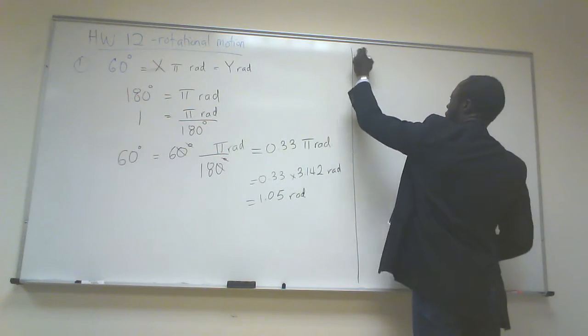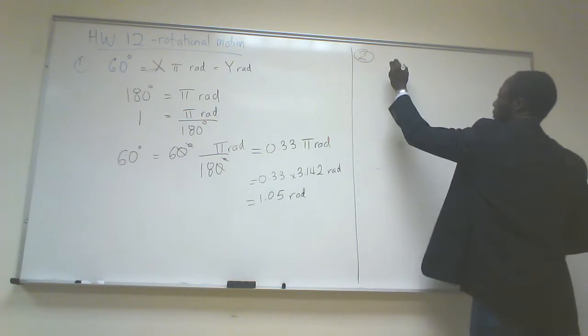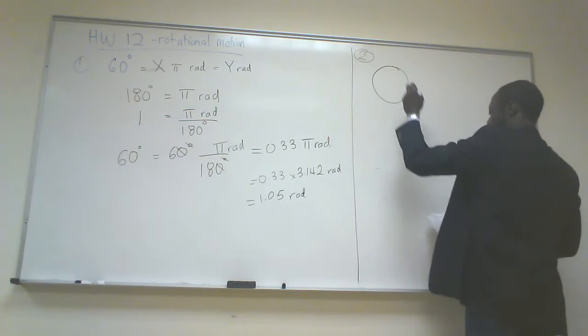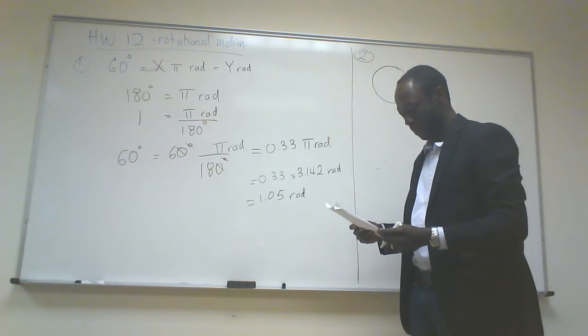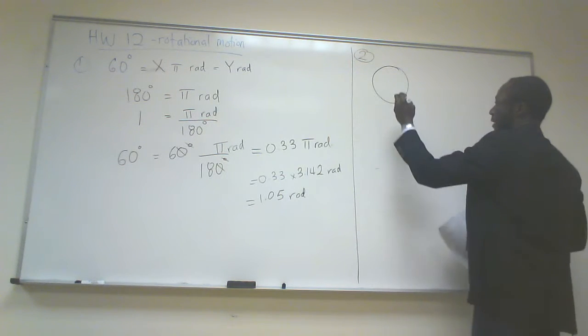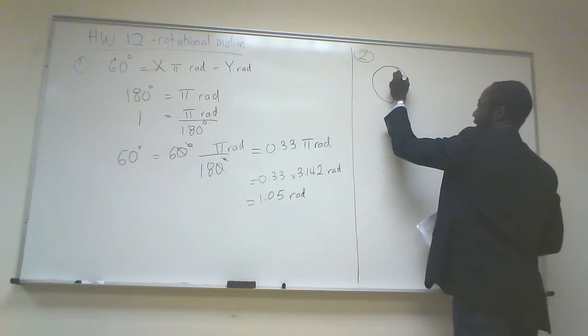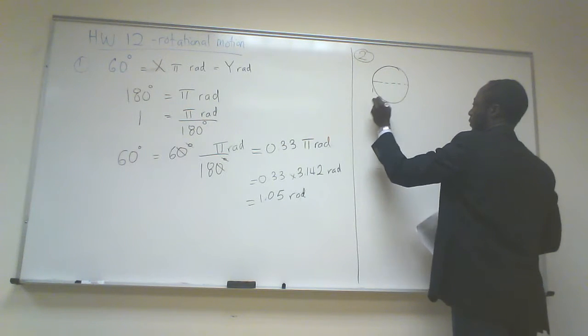Right, so for problem number 2, we're told that we have a grinding wheel. A grinding wheel here is a cylinder, and it has a diameter of 0.25 meters. So the diameter tells us that the distance here is 0.25.